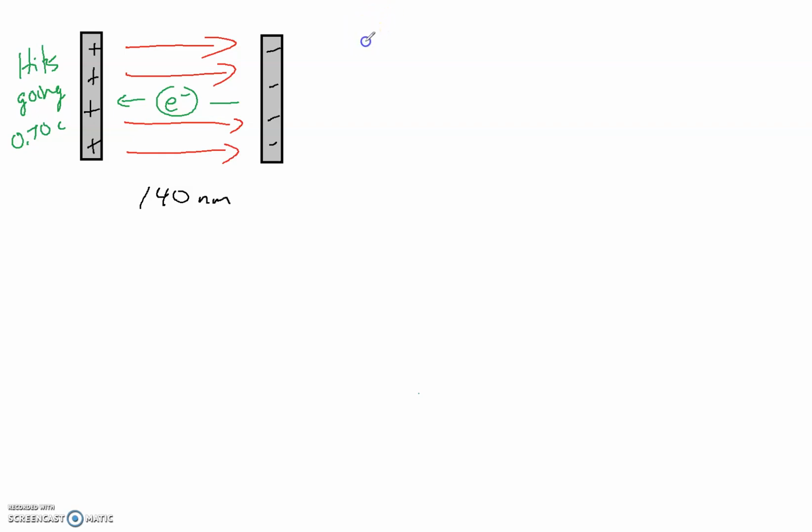So this thing is hitting going 0.70 c, or 0.7 times the speed of light. Of course, the speed of light is on your super sheet, and you should be able to find it there. First thing we'll do is convert this to meters per second, so we just multiply that by the speed of light. This converts to around 2.1 times 10 to the 8 meters per second.